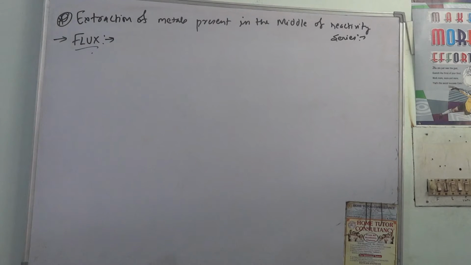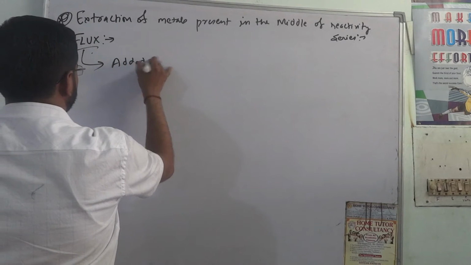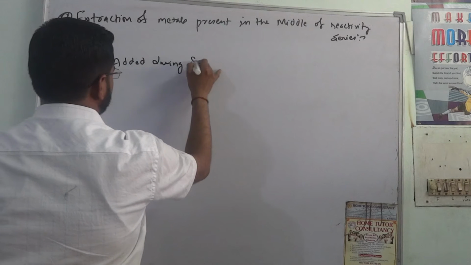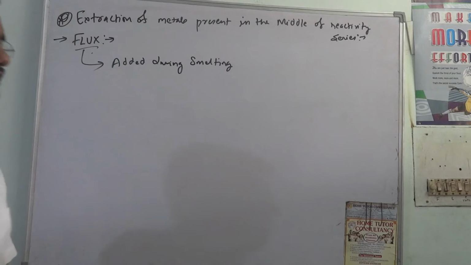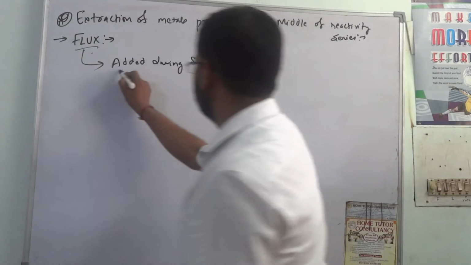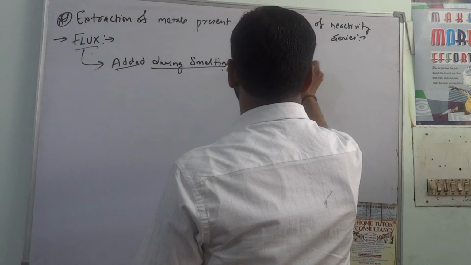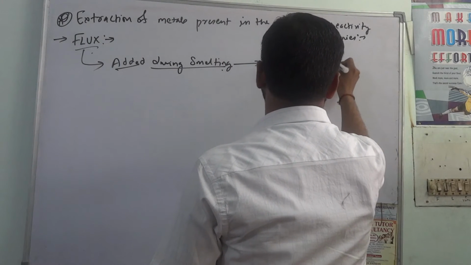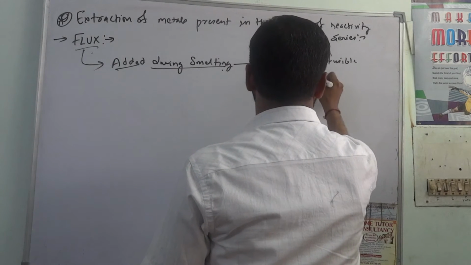In order to remove them, we add a substance called flux during smelting. Smelting, you know, is the reduction of oxide in the presence of carbon. So flux is added during smelting to remove non-fusible earthy impurities.